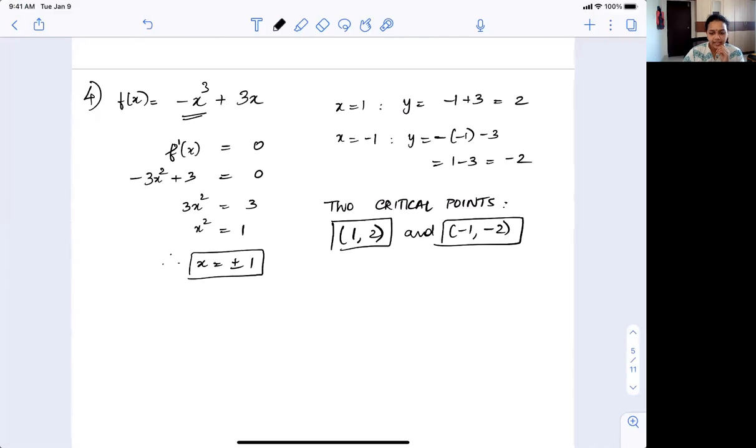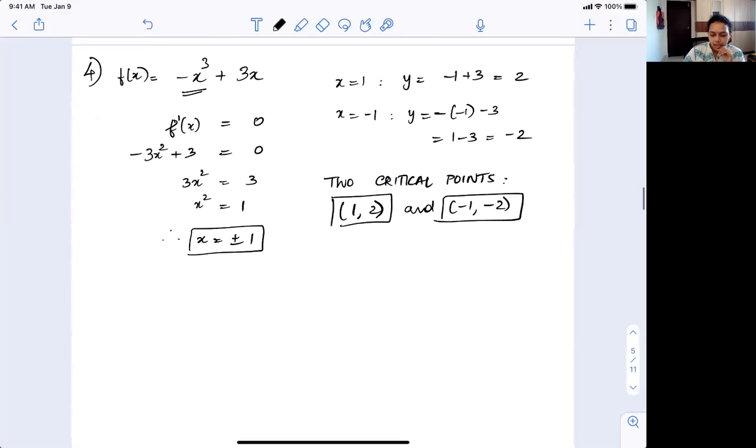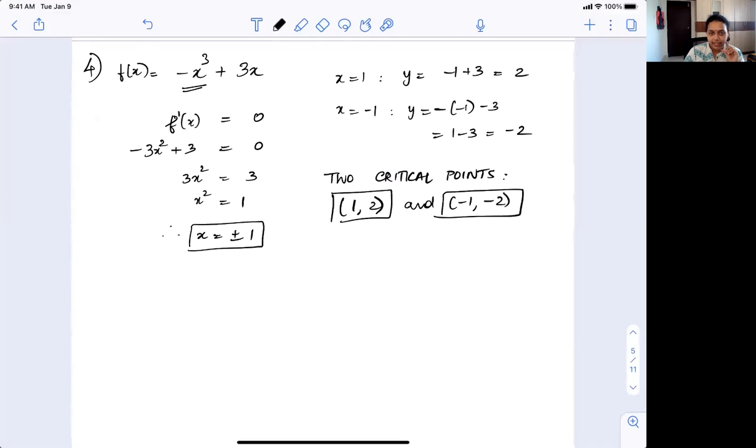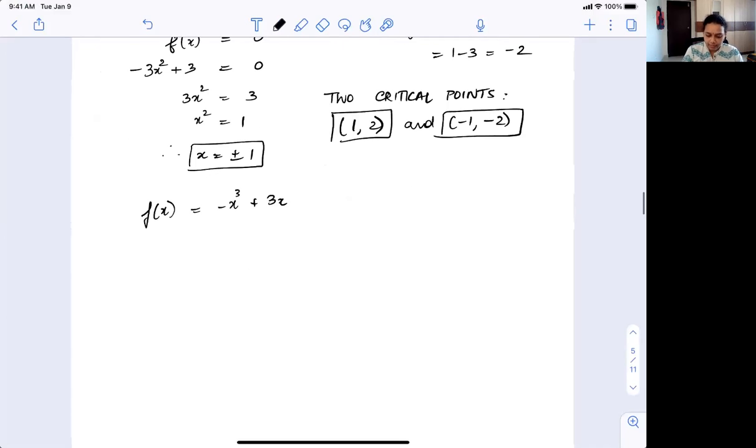Now let's use the second derivative test. For the second derivative test, we need to first find out what f double prime of x is. So let me write that down. If f of x is minus x cubed plus 3x, then f prime of x is minus 3x squared plus 3, and f double prime of x is minus 6x.